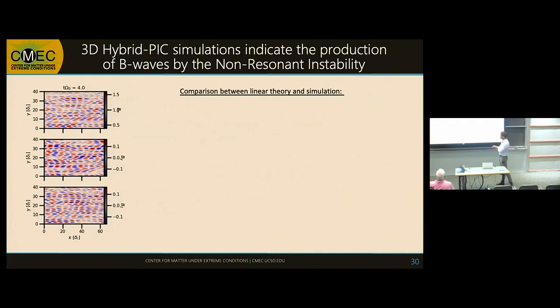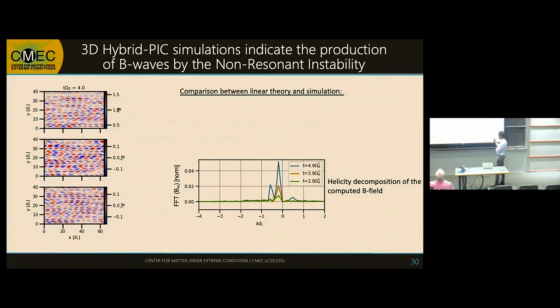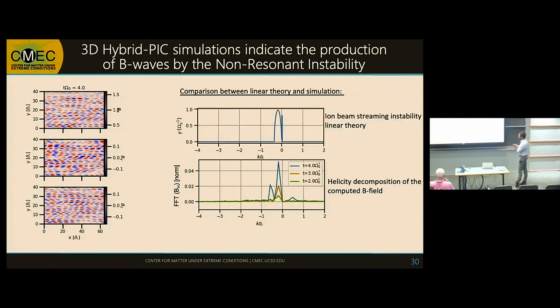The first thing to do was a Fourier decomposition of this magnetic field to understand what the wavelength is. So we have a dominant mode around 0.3. And then we calculate the dispersion relations from a model describing the ion beam streaming instability, to describe the right-hand instability or the non-resonant instability that I discussed earlier.